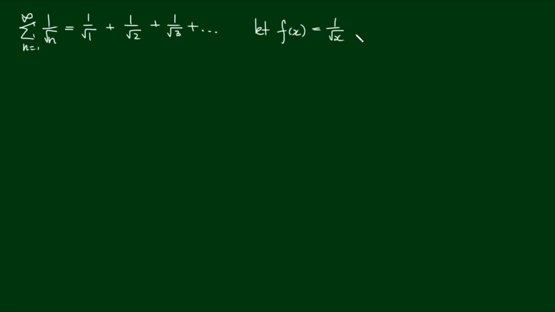Okay, so let's now compare this to the series, the sum from n equals 1 to infinity of 1 over the square root of n. And expanding out a few terms, we have 1 on square root 1 plus 1 on square root 2 plus 1 on root 3, plus so on and so forth. Let the corresponding function f of x be equal to 1 on the square root of x.